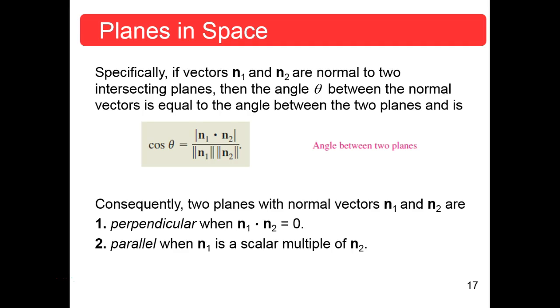Now, if that dot product is zero, the only way cosine of theta can be zero is if it's 90 degrees, or pi halves. So that means they're perpendicular planes. If they're parallel, then the dot product would be exactly the product of the magnitudes, so it's going to be 1. The only way that's going to happen is if they are just scalar multiples of each other.